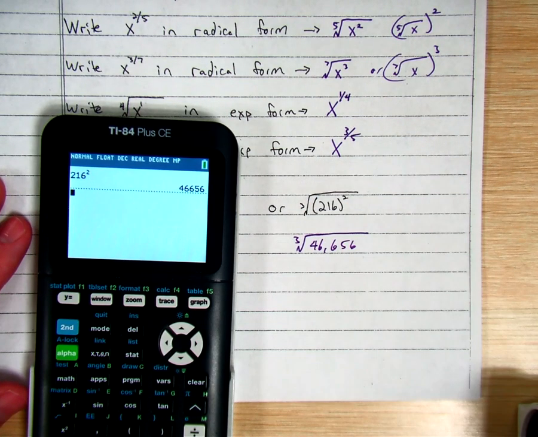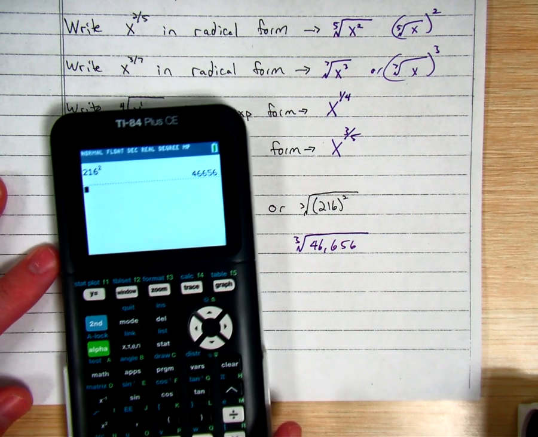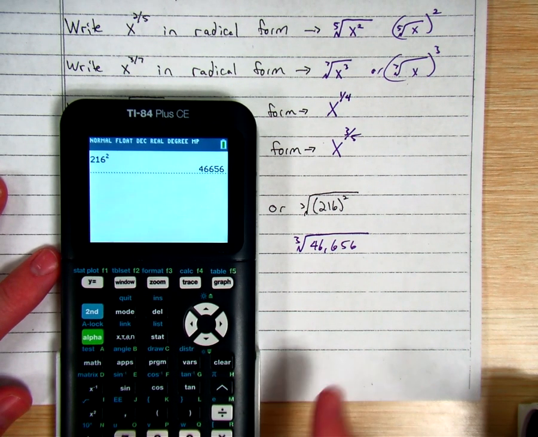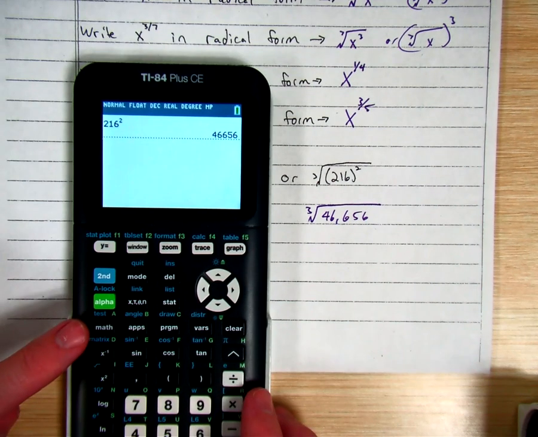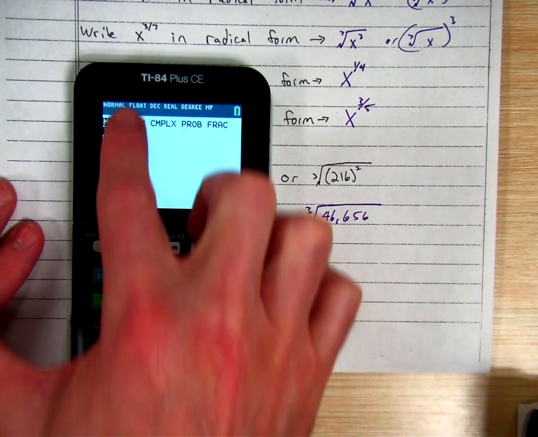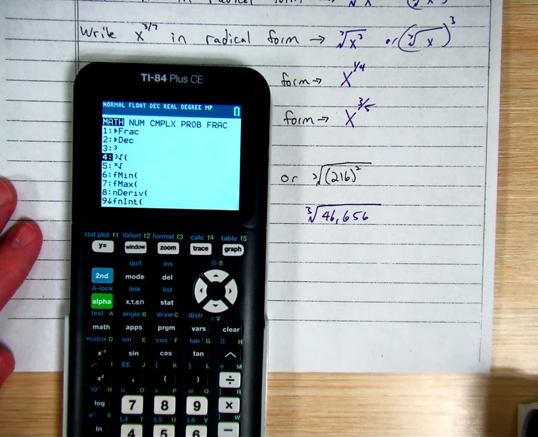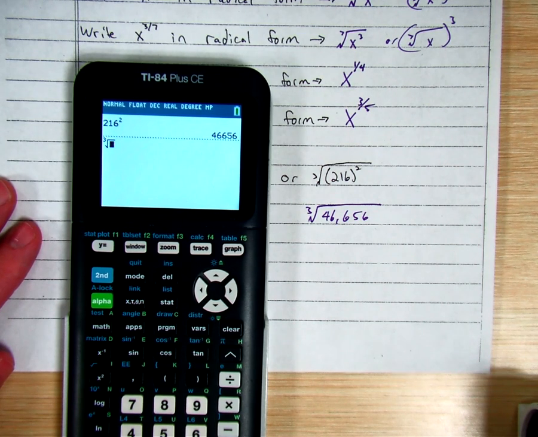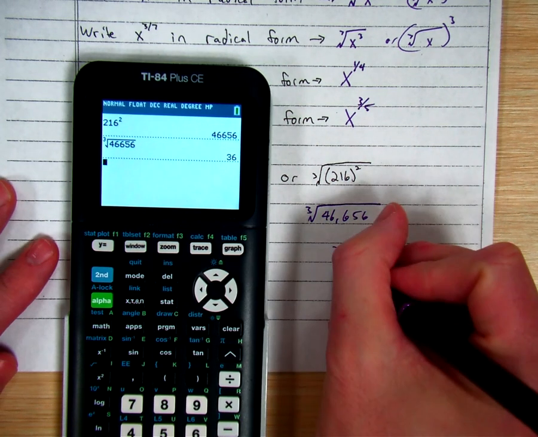You would have to use your calculator. So where can I get the cube root button? Okay, it's going to be under math, and we're going to go down to the fourth thing. And it should give you a little cube root, and you can type in 46,656. And we'll see that that is 36.